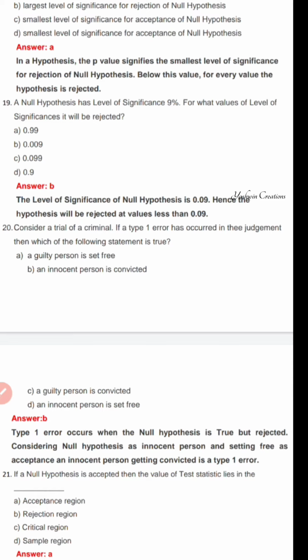Here, considering the null hypothesis as an innocent person and setting free as acceptance, if he has done a mistake and we accept it, that is a type 2 error.